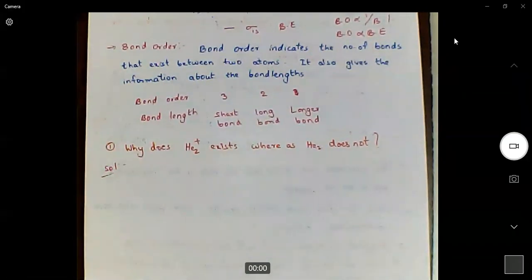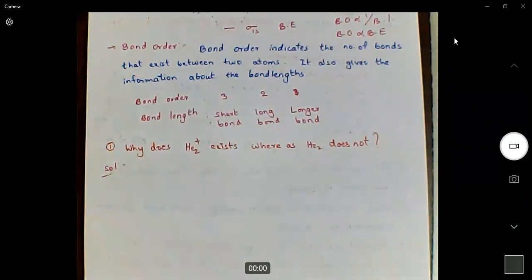Please leave some space, one page, then take this problem. Why does He2 plus molecule exist, whereas He2 does not exist? Yesterday we constructed the MO diagram for helium-2 molecule.